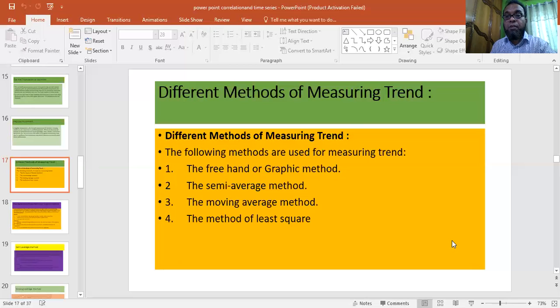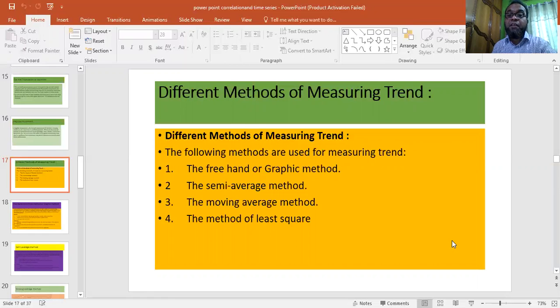Method is 4, but one method does not belong to the syllabus of intermediate in the SSC exam, so we will not practice it. But you have to know the method and how many methods. Though it is not in your syllabus, it is still a method of measuring trend.